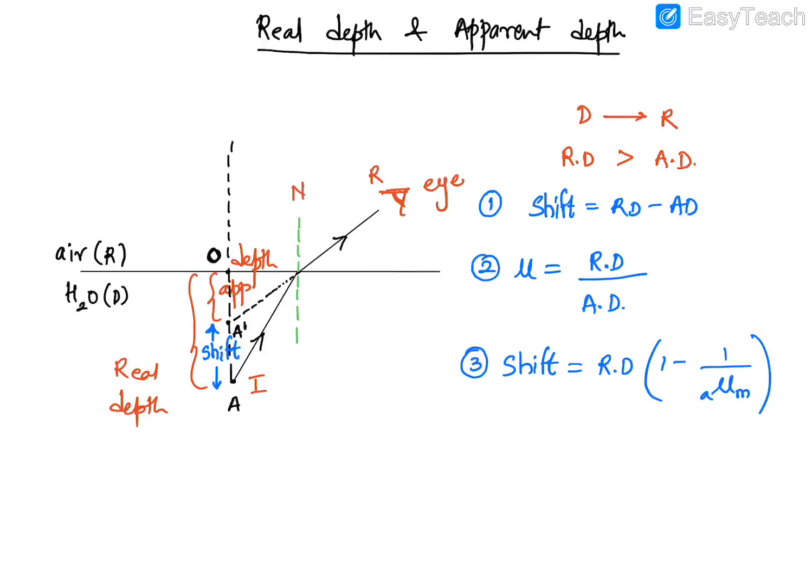Now guys, next thing is the factors. What are the factors which can affect the real and the apparent depth? Or rather, what are the factors which will affect the shift, by how much the point appears to be raised? There are 3 factors, and to learn them you can just remember RTC.